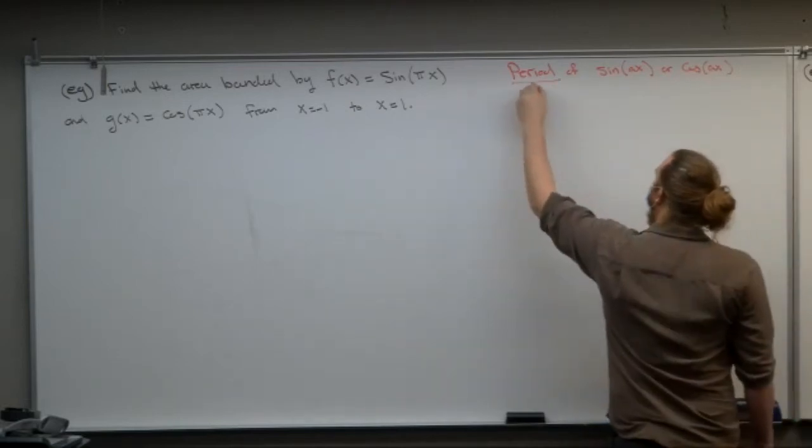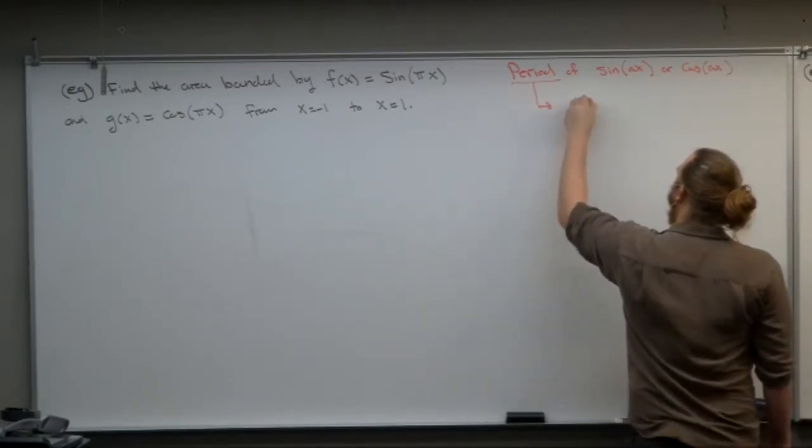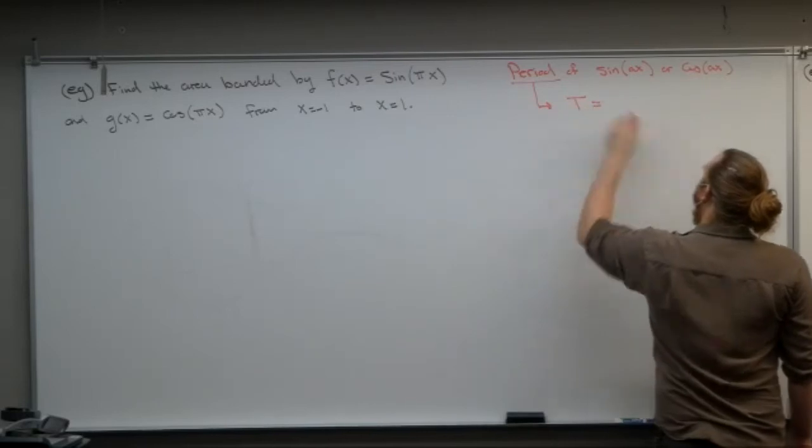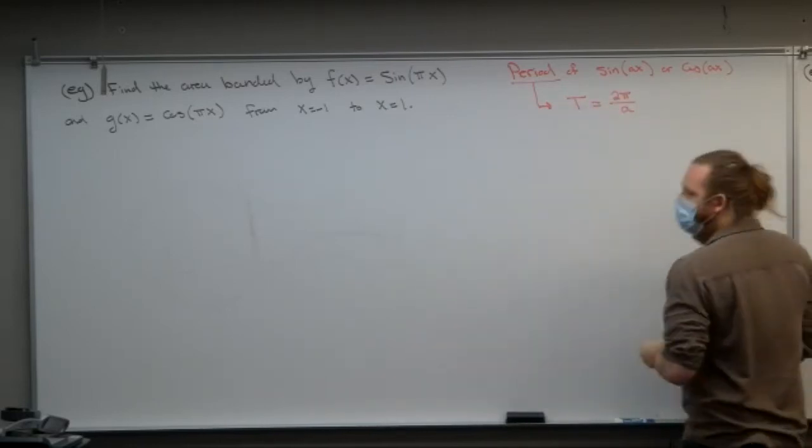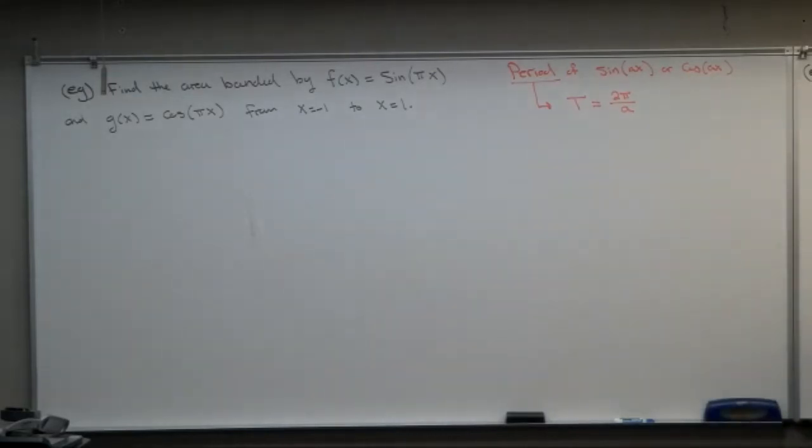The symbol that's usually used for the period is T. I'm not sure why. And it's 2 pi over A. So you take the natural period and you divide by A. The idea is that multiplying on the inside by a constant larger than 1 compresses the graph horizontally. It shrinks it down in the horizontal axis. If A were smaller than 1, then dividing by A would be making this larger.